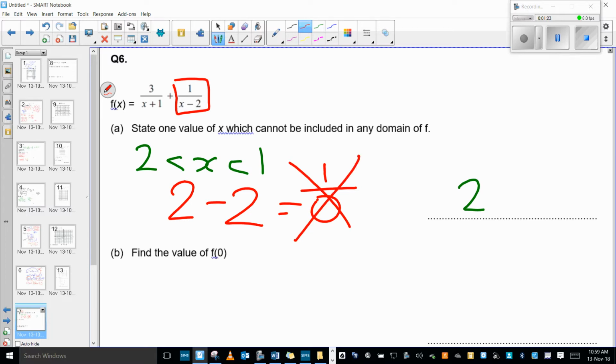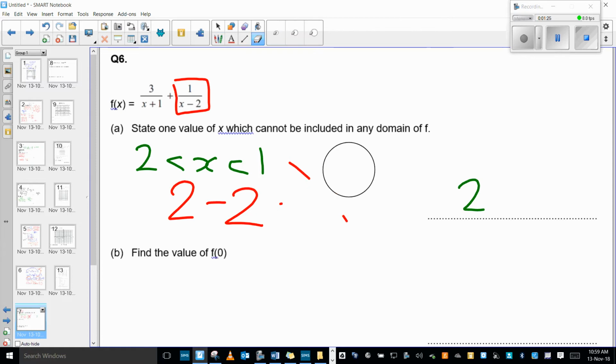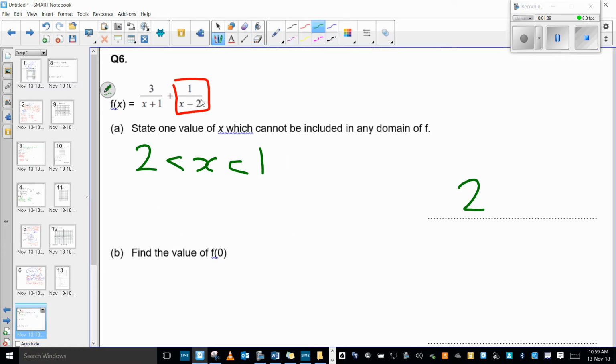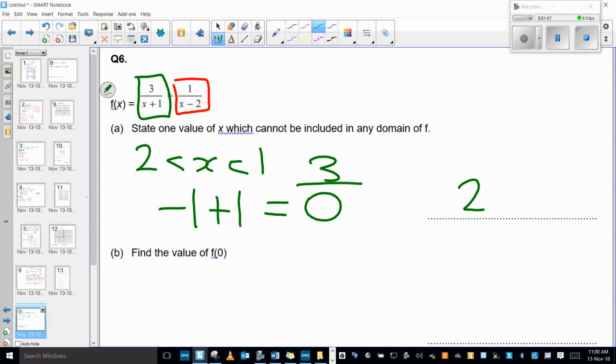And then, on the other hand, for this one, it cannot be -1, because -1 plus 1 equals 0, and 0 under 3 is also a mathematical error. So your two options were 2 or -1.